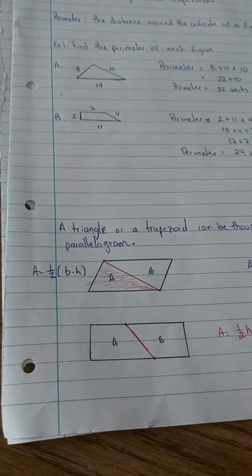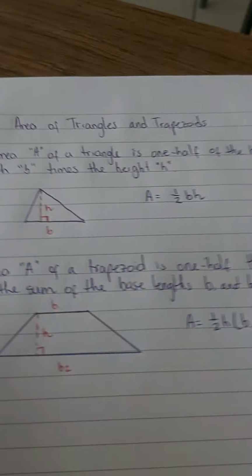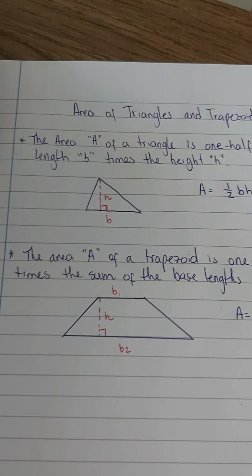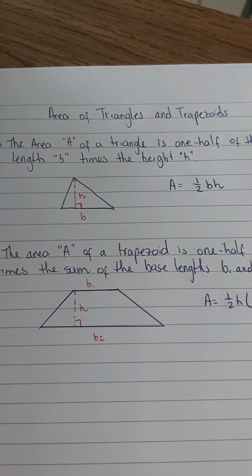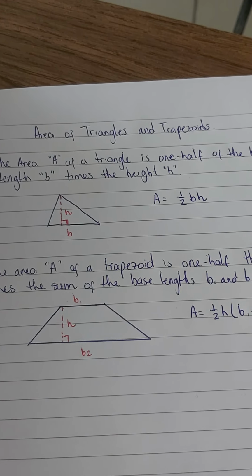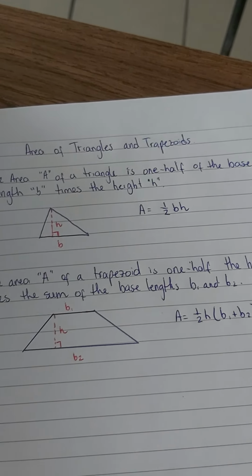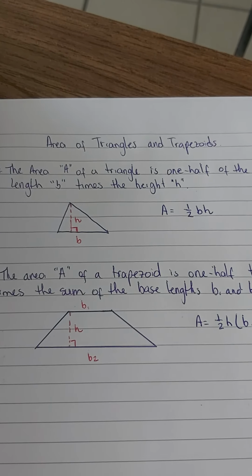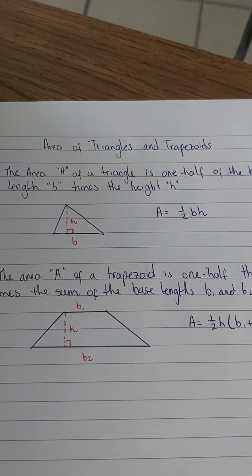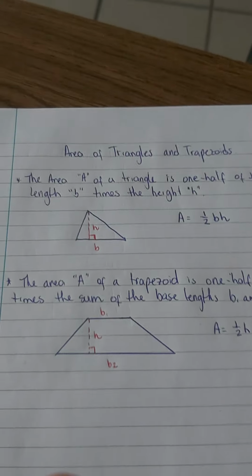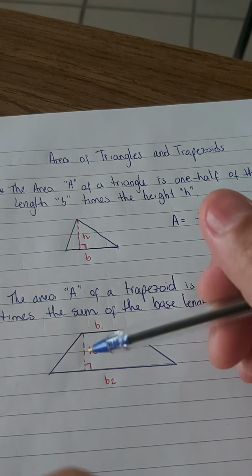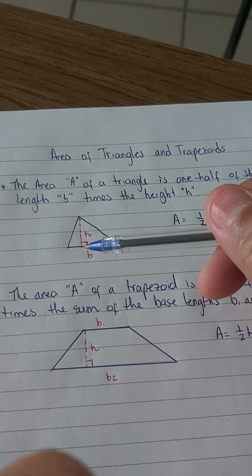parallelograms and rectangles. Now, using what we learned before, we can define the area A of a triangle as 1/2 of the base length B times the height H. Don't forget that for triangles and for parallelograms, the height is always perpendicular to the base.